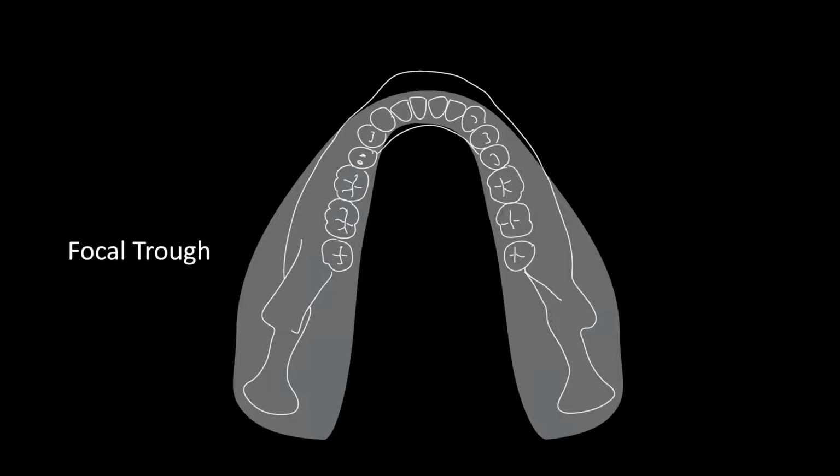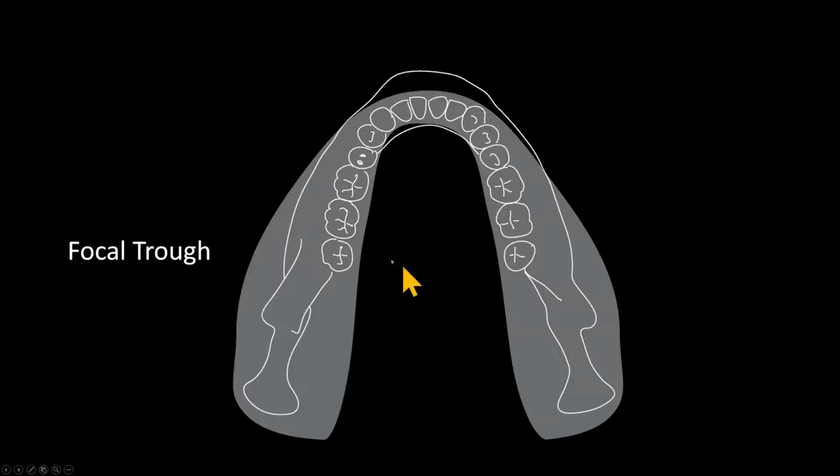A focal trough is an imaginary three-dimensional area. Any object inside this focal trough will be properly imaged. The gray shaded area is the imaginary focal trough. We can see that the focal trough is wider in the ramus area, giving us a little bit more freedom with different jaw sizes.